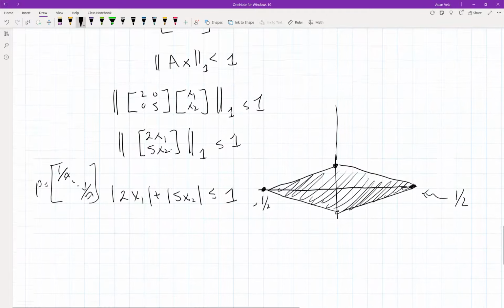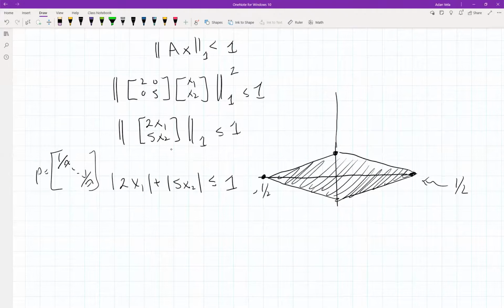Here we're not taking the square because it doesn't make sense, so we're working in the dimensions of the radius. When we multiply times 2, we're shrinking the radius by 1/2. If we multiply times 5, we're shrinking the radius by 1/5. That's what's happening here.